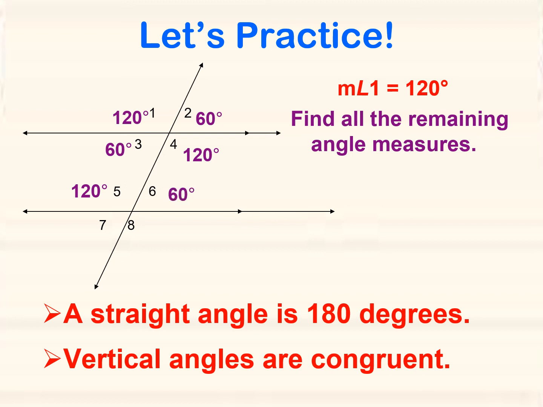And from here, we can use the idea of vertical angles or alternate exterior angles. Angle 2 and angle 7 are alternate exterior angles, so angle 7 is equal to 60 degrees, while angle 1 and angle 8 are alternate exterior angles, so it means that angle 8 is equal to 120 degrees.